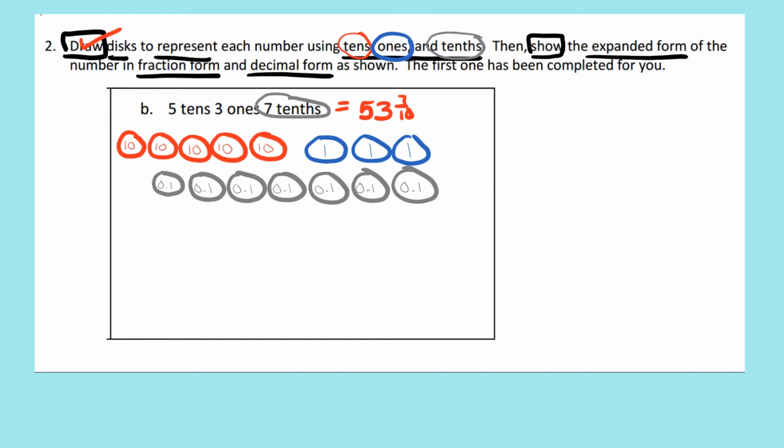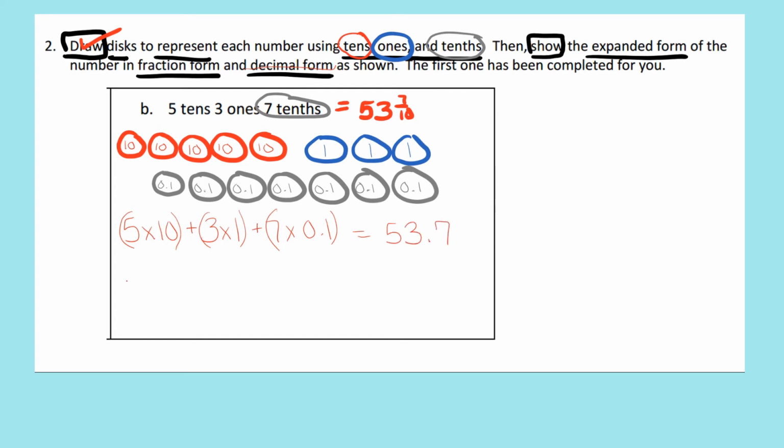So I have 5 times 10, 3 times 1, and 7 times 1/10. Now each one of these is a step, so I need to put parentheses around it. I actually wrote that 1/10 as decimal form, so we will count this as the decimal form. And then I add together my pieces. When I put it all together, it still equals 53 and 7/10.